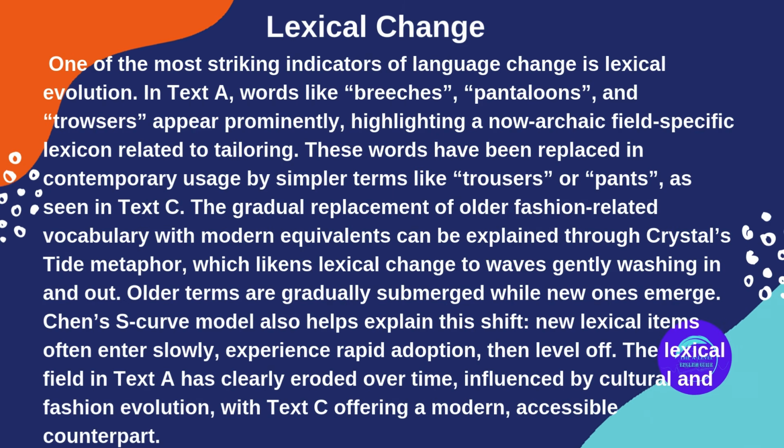Chen's S-curve model adds another layer of explanation. New words spread gradually, then accelerate in popularity before stabilising. Together, these theories help us understand how cultural shifts, like fashion trends and practicality, drive lexical change over time.